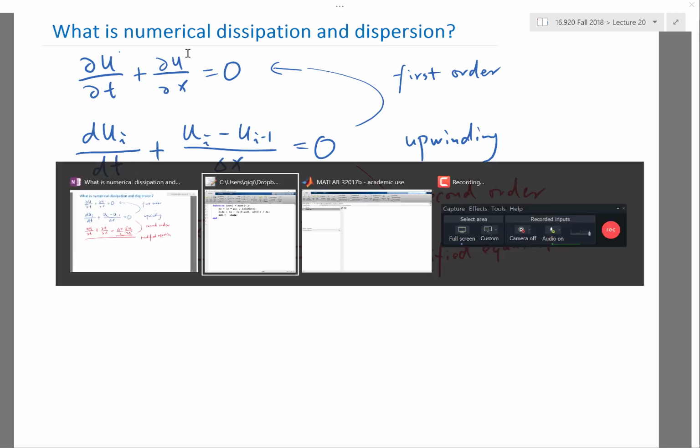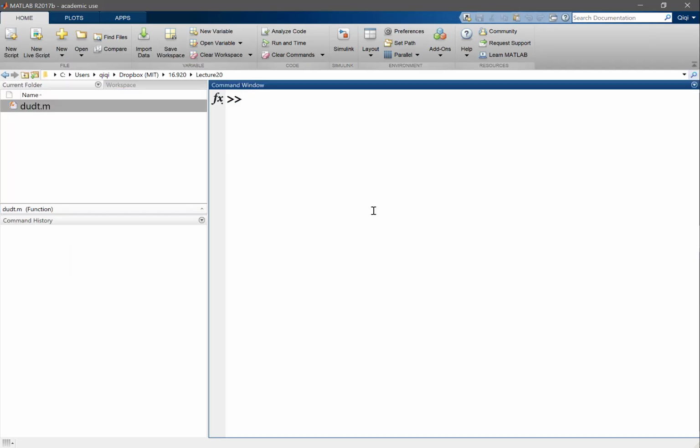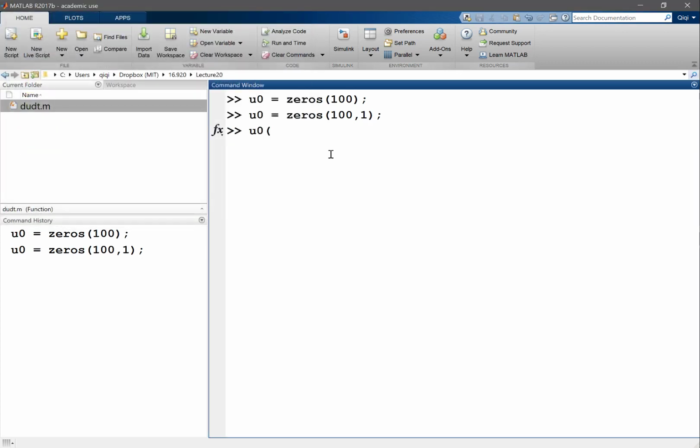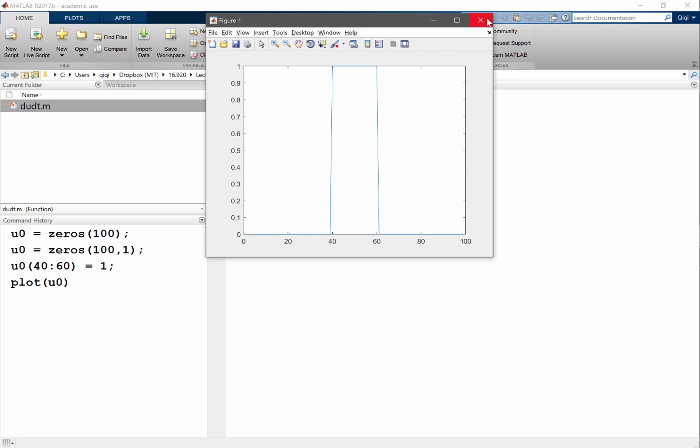All right. Then we initialize the solution, u0 equal to 0, let's say 100 grid points. Actually, I think I have to do this. And for u0, let's just make some portion of it from 40 to 60 equal to 1, which is a square wave to start with.